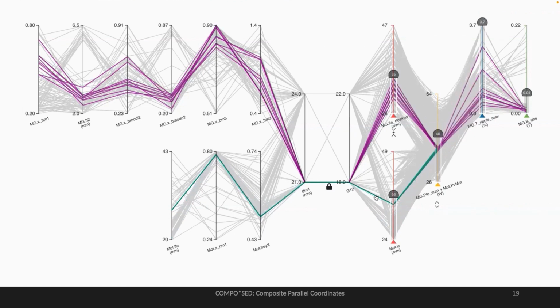So I hope you can see that when I move back and forth. So what we might conclude is that this motor variant might be our motor design option of choice. And the only question remaining is with which of these remaining gear variants it should be combined. But that's for another day.